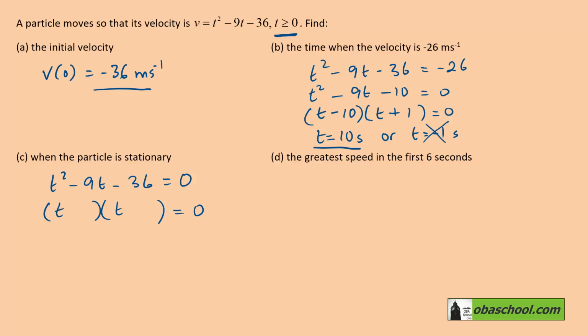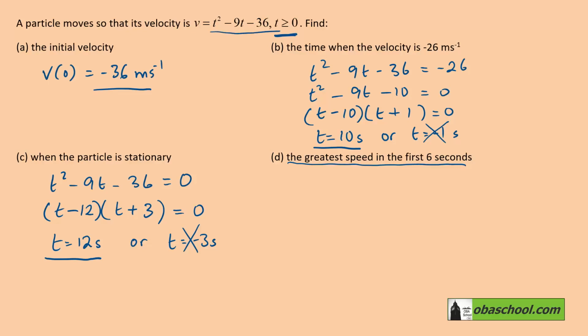So t and t, 12 and 3, make that negative and that positive, so we get t equals 12 seconds, or t equals negative 3 seconds, and of course that one's no good to us, so it must just be at this time here. However, we can make use of that for finding the greatest speed in the first 6 seconds.